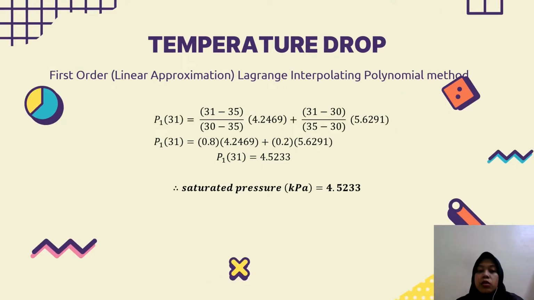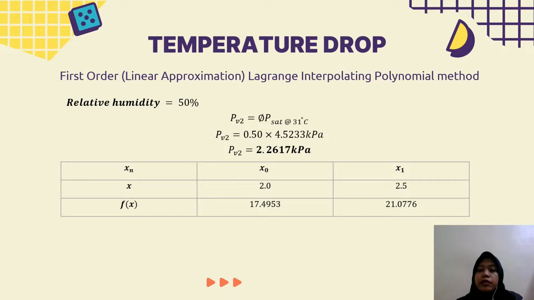So we insert the values into this equation, then we get the saturated pressure value, which is 4.5233 kilopascal. Then using the saturated pressure that we obtained before, 4.5233 kilopascal, we calculate the value of pressure at V2, which we get as 2.2617 kilopascal.